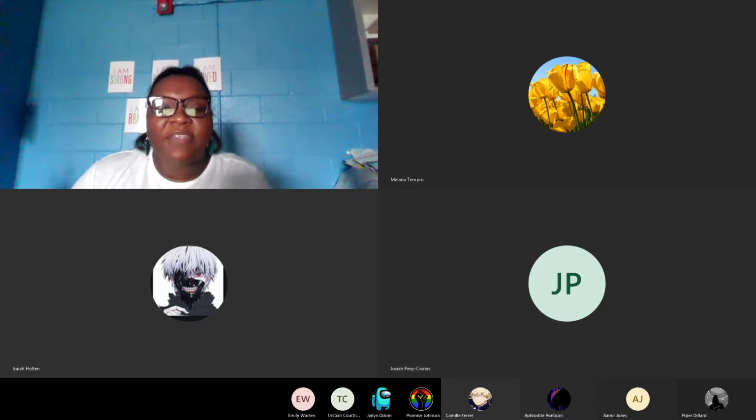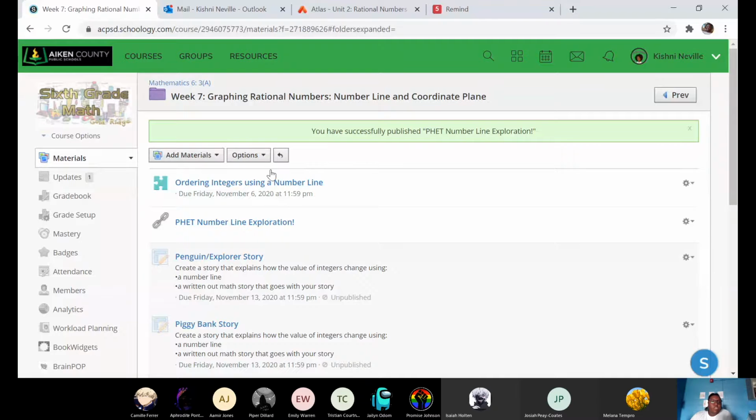When you click on math, you're going to see a link that says PhET number line exploration. I'm going to share my screen with you so that you can see it. So from our assignment yesterday, ordering integers using a number line, right under it, we're going to be looking at our PhET number line exploration.